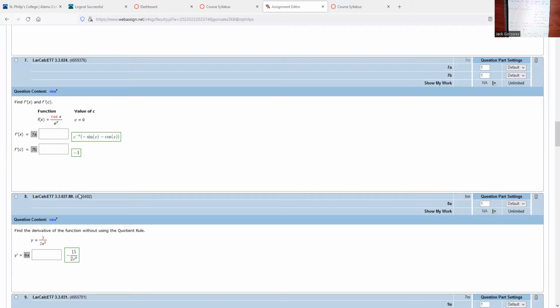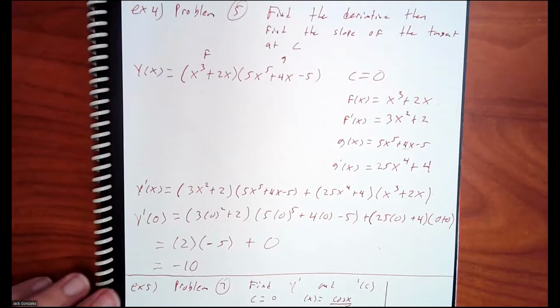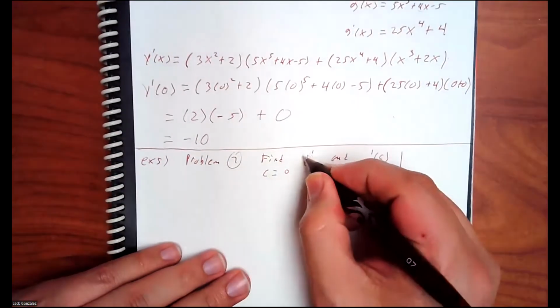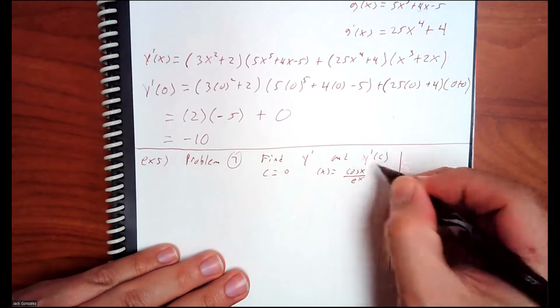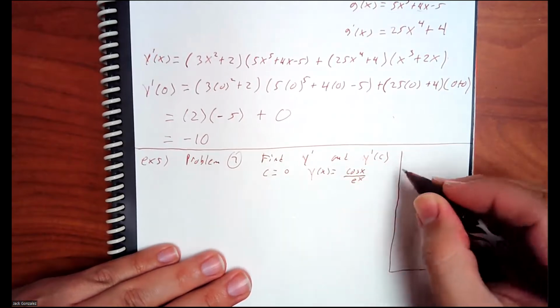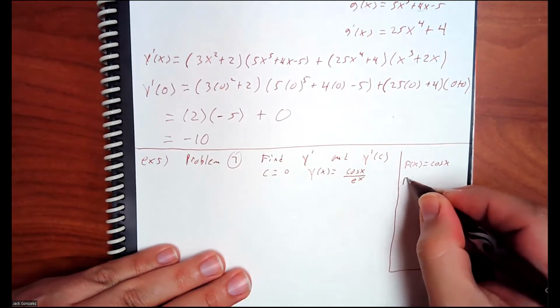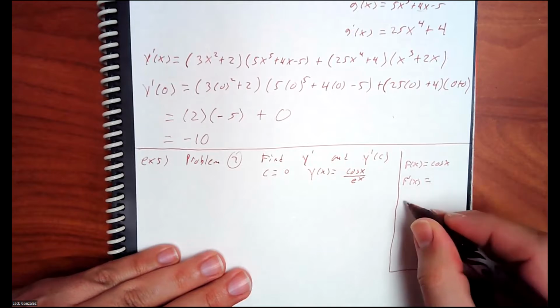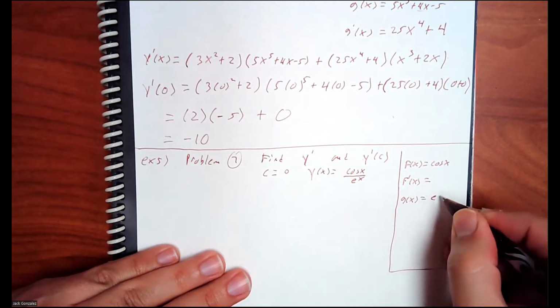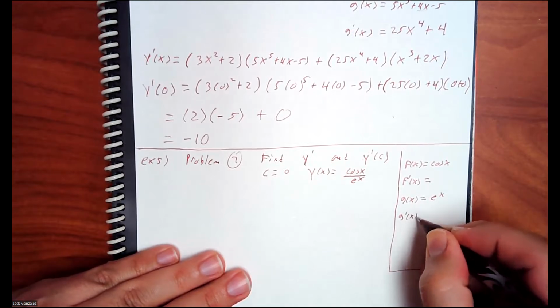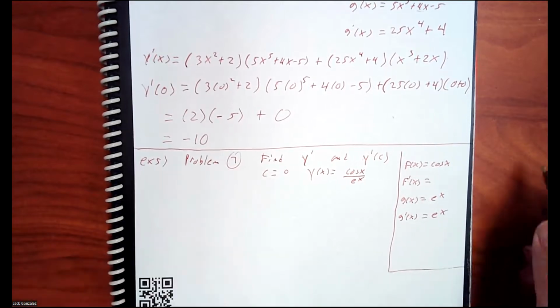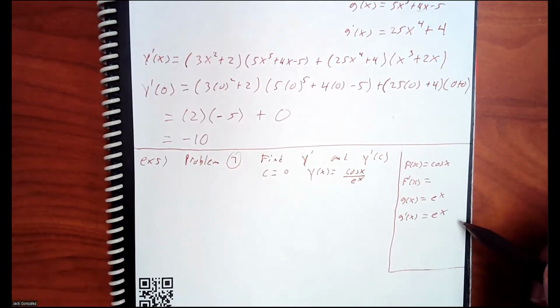You don't have to, but it will make more sense when you read this later. This is the hard one for you. Derivative of g is e to the x.